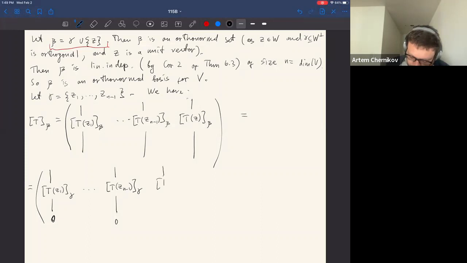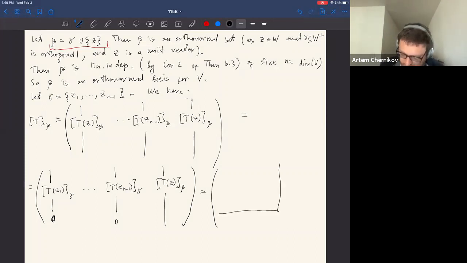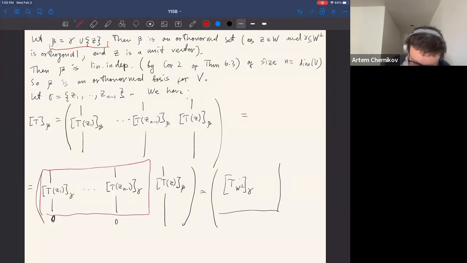Here we have nothing else to add. We just have the whole column of T Z with respect to beta. Okay. But now, what is this? This is given by the block representing T restricted to W perp with respect to gamma.